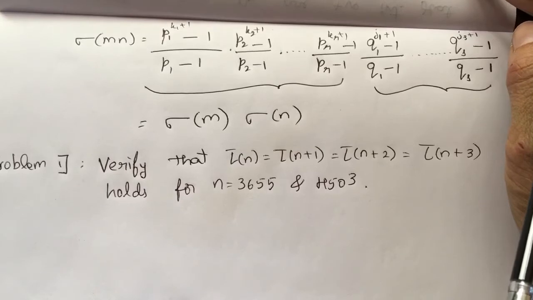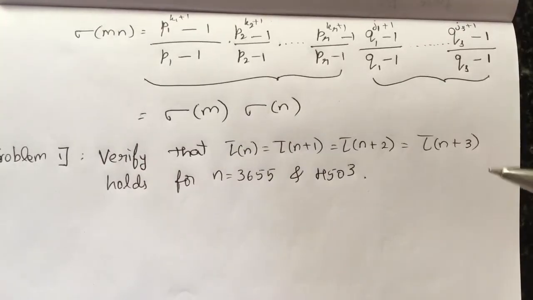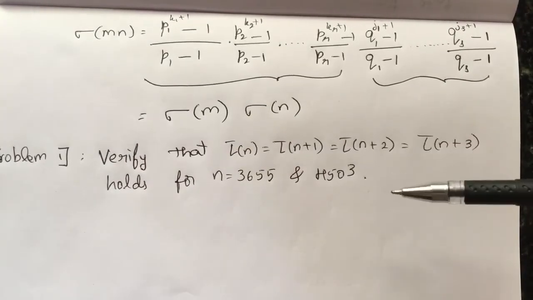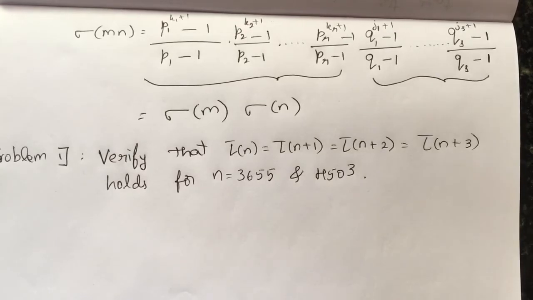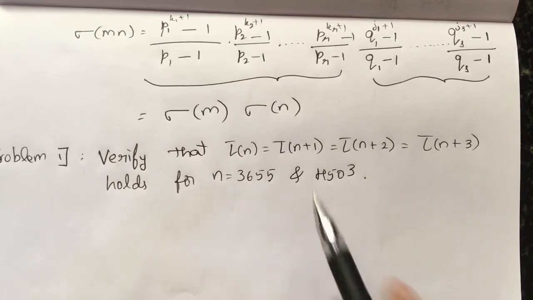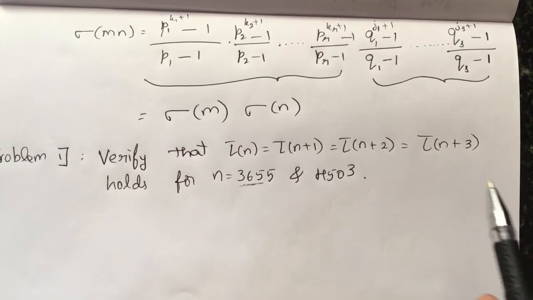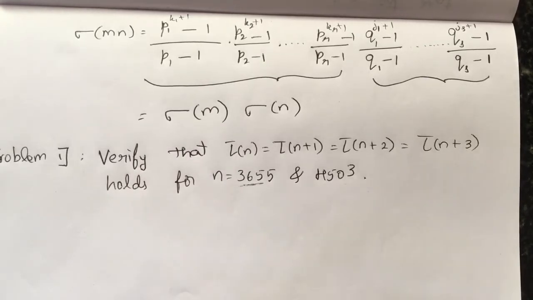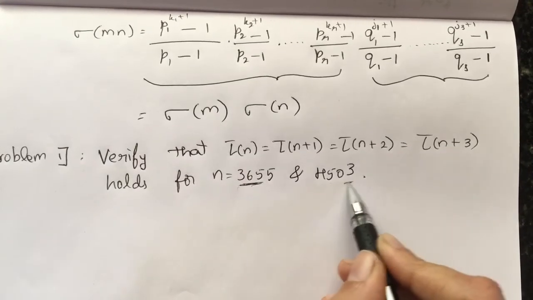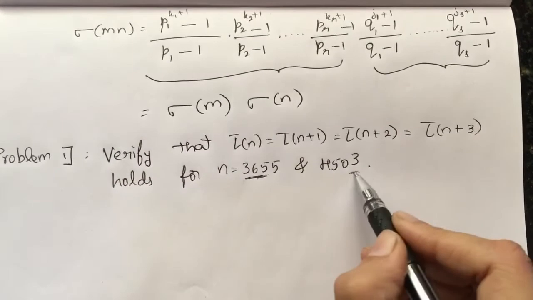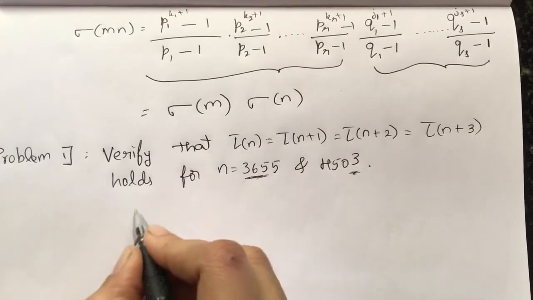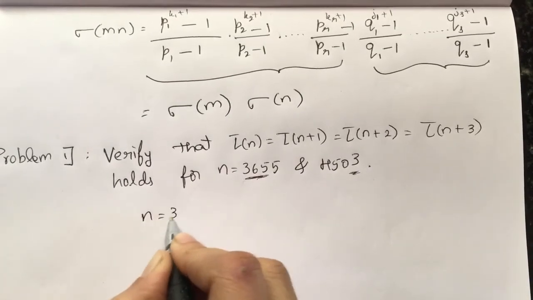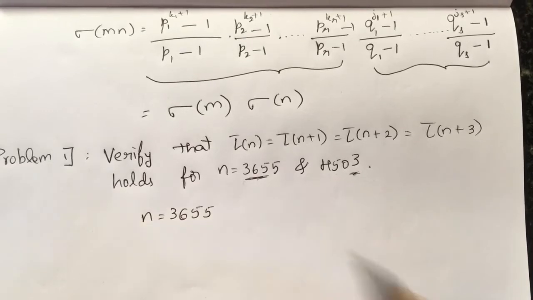Now let's take up one problem. Verify that tau of n equals tau of n plus 1 equals tau of n plus 2 equals tau of n plus 3 holds for n equal to 3655 and 4503. I'll just take up this one; you try the other by yourself. So I'm taking n equal to 3655.